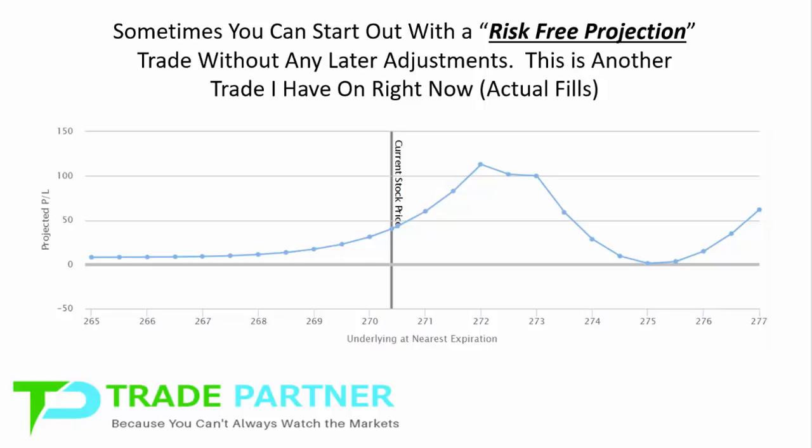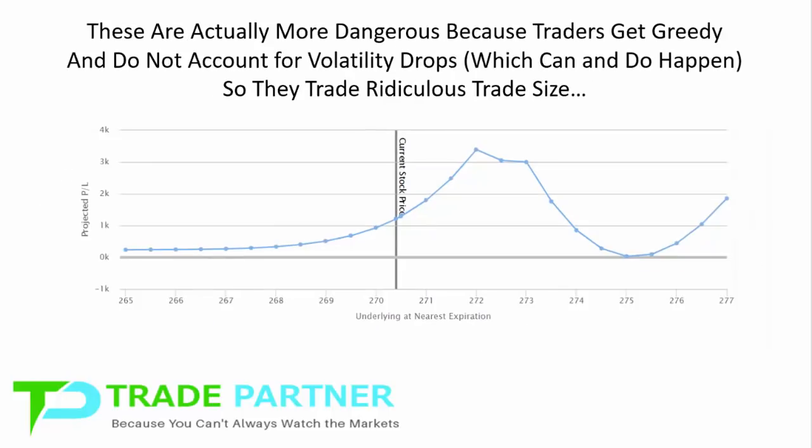And it ends on Friday. And you can see that it's projected to make money or break even no matter where SPY moves or closes by Friday. And these are actually more dangerous than some of the other trades, like, for example, the one that I started with today where the risk was about 200 bucks.